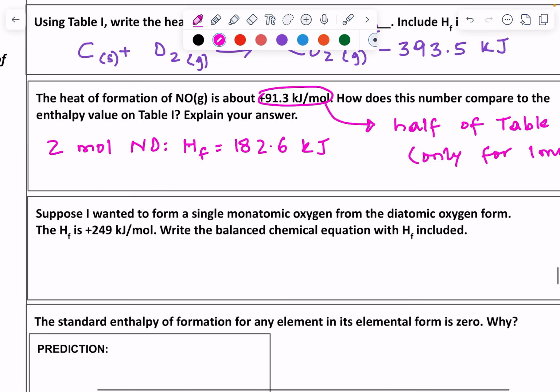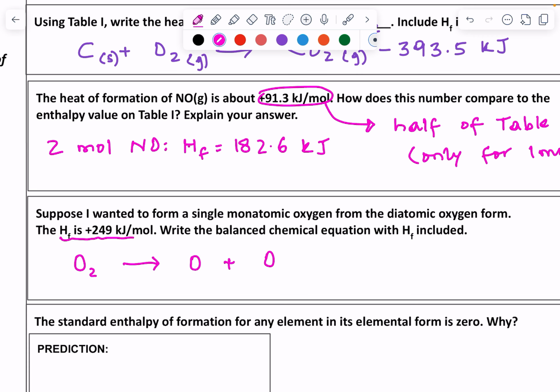Next up, suppose I wanted to form a single monoatomic oxygen from the diatomic oxygen. So that means you start with the O2 and you split that into oxygen plus oxygen. And you are told that the heat of formation in this case is positive 249 kilojoules per mole.